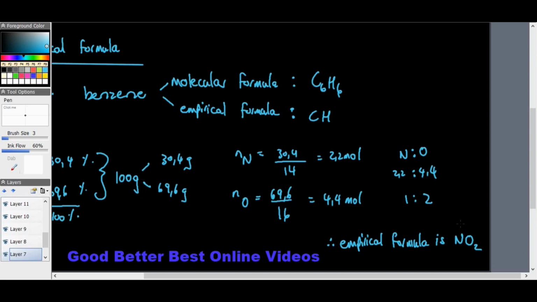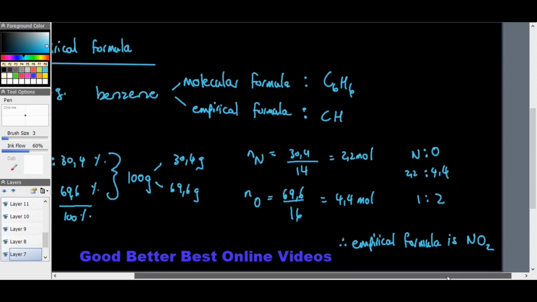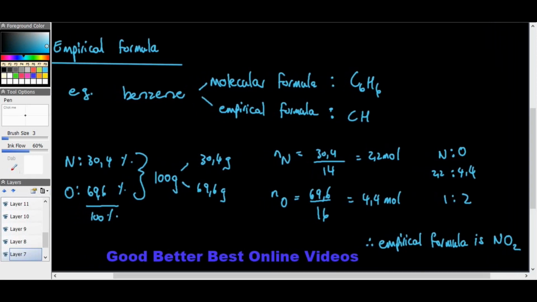Now a follow-up question on this might be: let's say you've calculated the empirical formula, and now they say there's a molecular formula of the same compound, and they give you the molecular formula's molar mass.